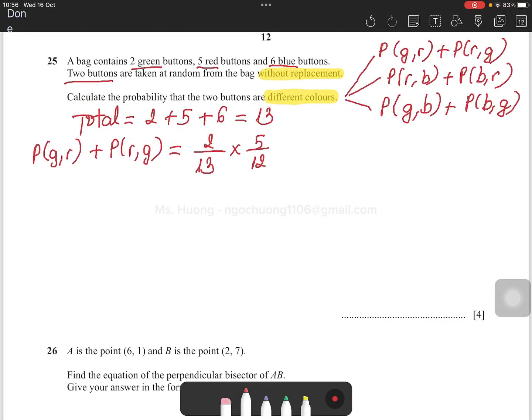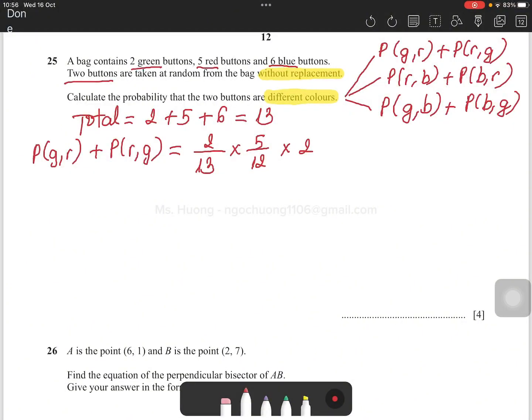So after taking a green button, there are only 12 buttons left. Then the probability of red-green means 5 over 13 multiplied by 2 over 12. Instead of writing this, you can also say that because the two numbers are the same, we just double this.